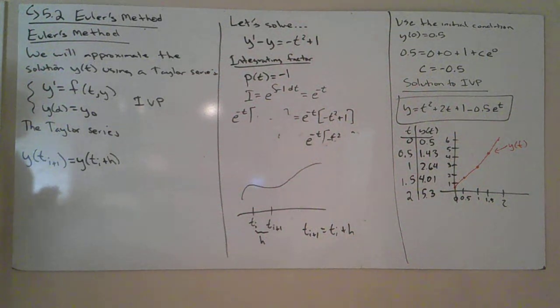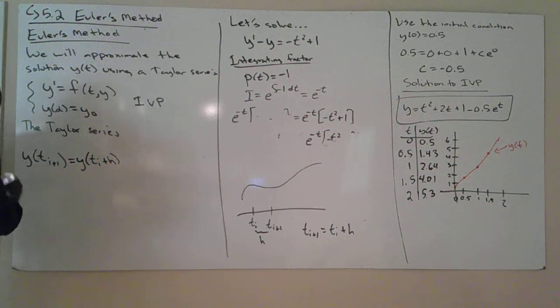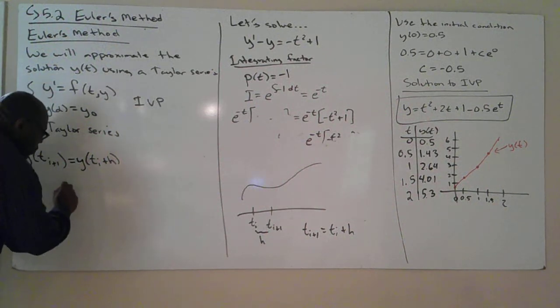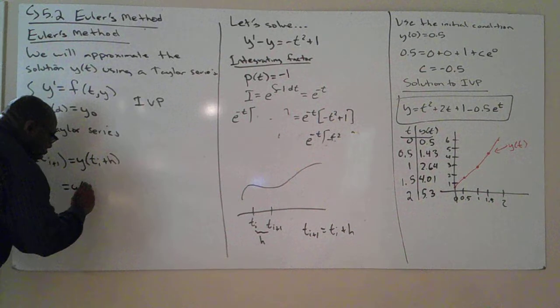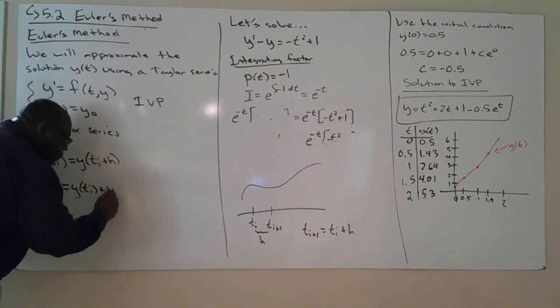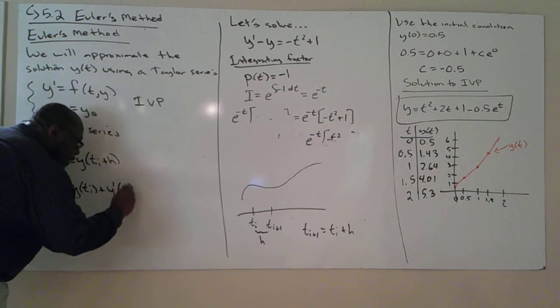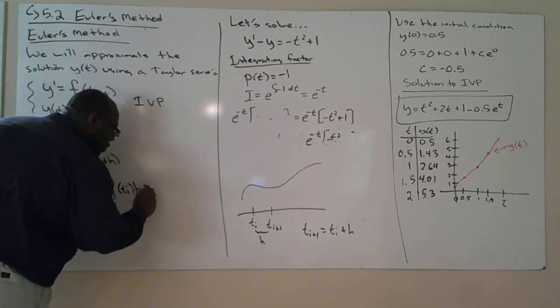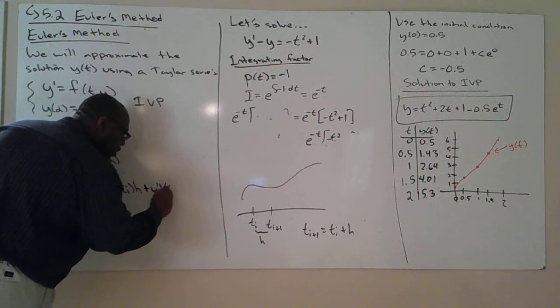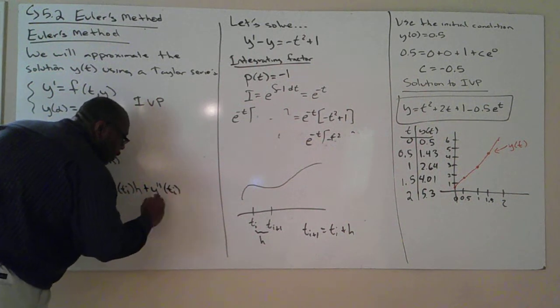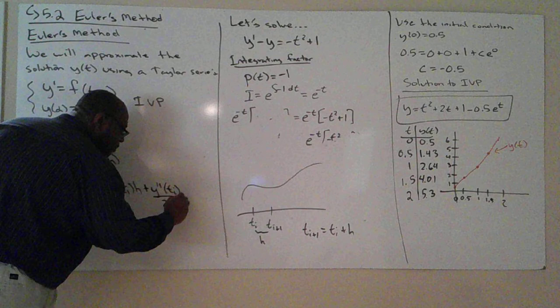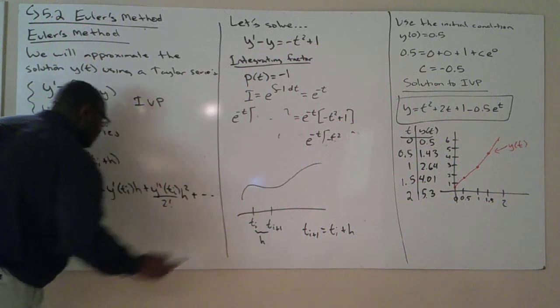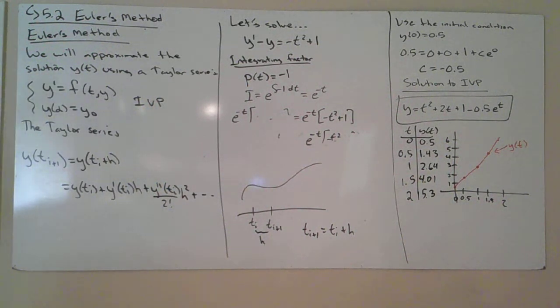If you remember, with Taylor series, this is going to be equal to y of t sub i, plus y prime of t sub i times h, plus y double prime of t sub i over 2 factorial times h squared, plus and so on. This is our guy.